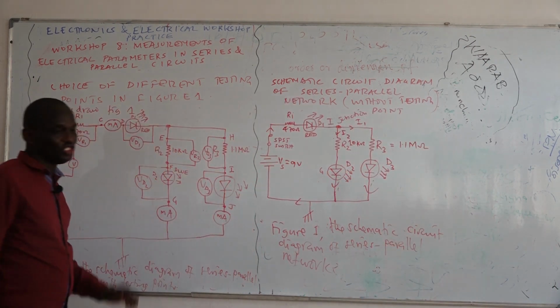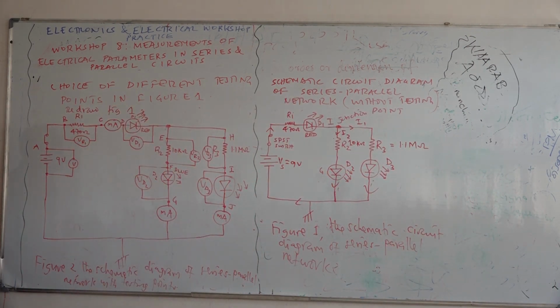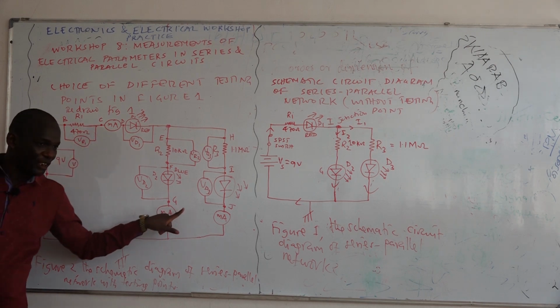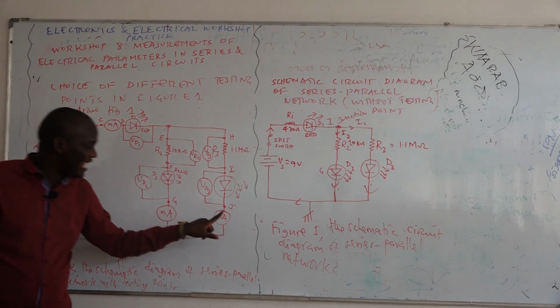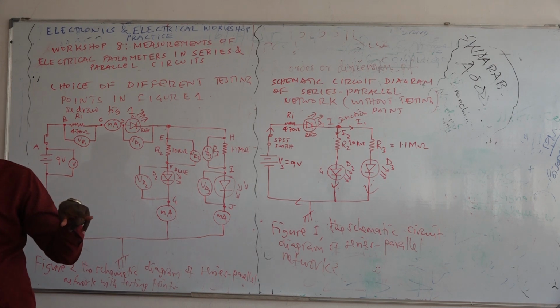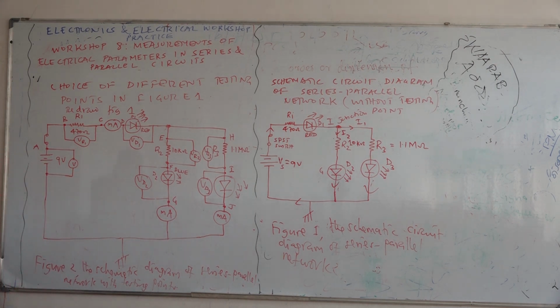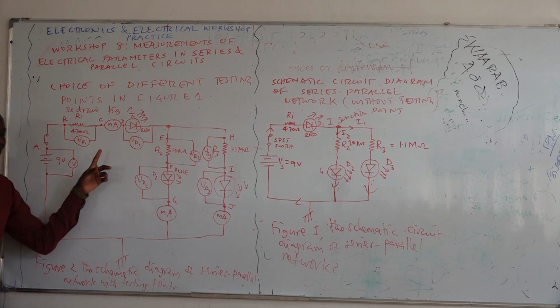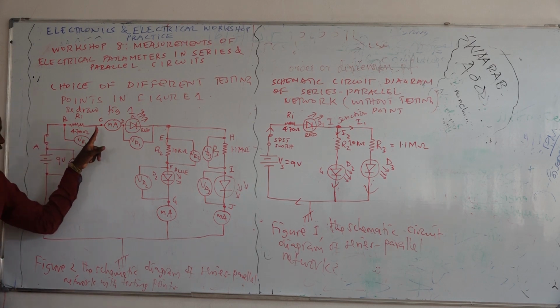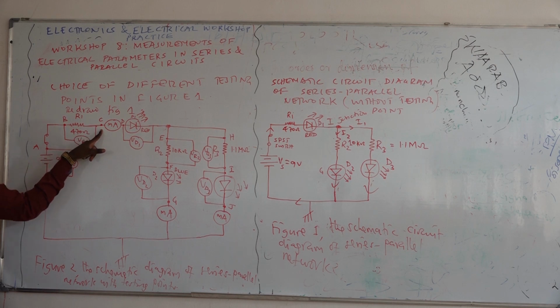Binamungu is asking a question about the choice of testing point letter C and testing point letter G and letter J. His question is, why did we choose this point as a testing point before the diode?